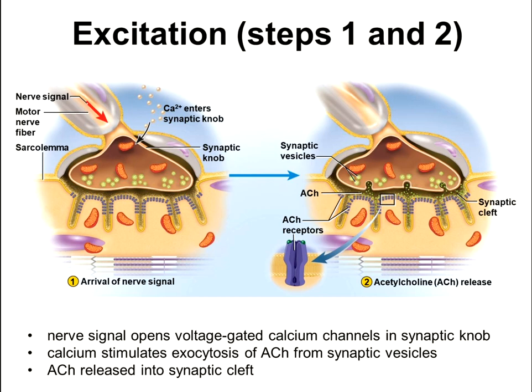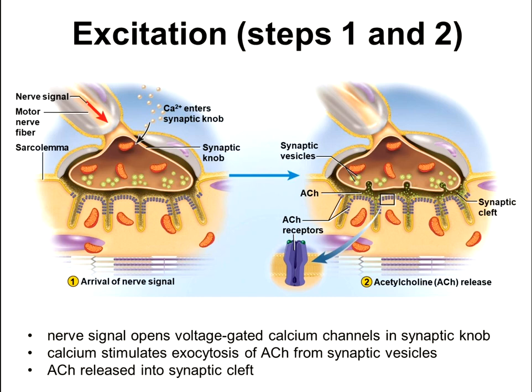So the nerve signal opens the voltage-gated calcium channels in the synaptic knob. Calcium stimulates exocytosis of acetylcholine from the synaptic vesicles. So the calcium is released. The calcium is causing the acetylcholine to be released into the synaptic cleft.